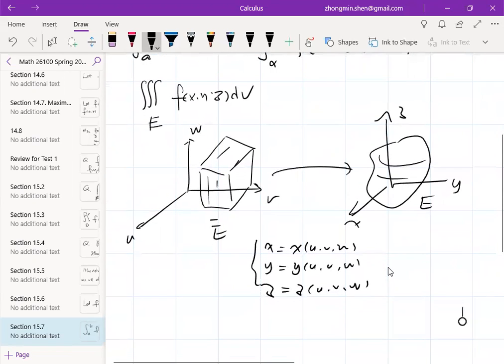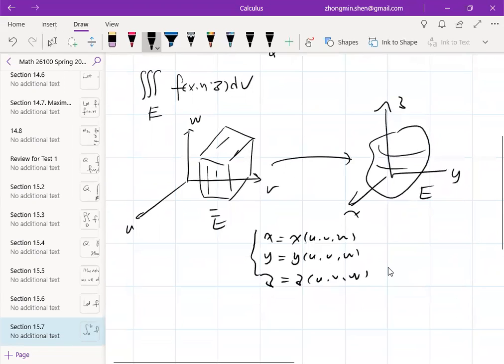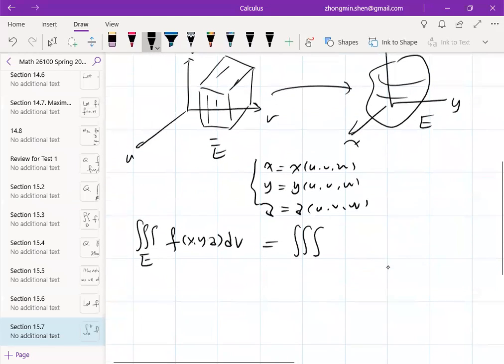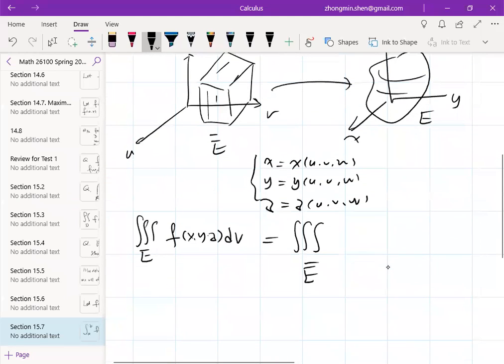So what kind of formula am I going to set up? For this triple integral, we have a very similar formula. f of x, y, z dV is going to be the integral now over E bar. What else?